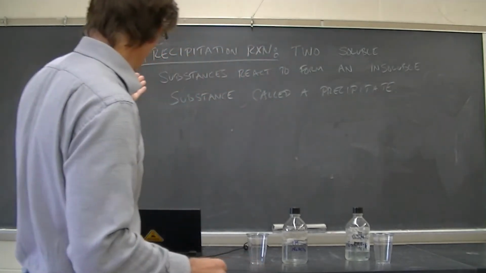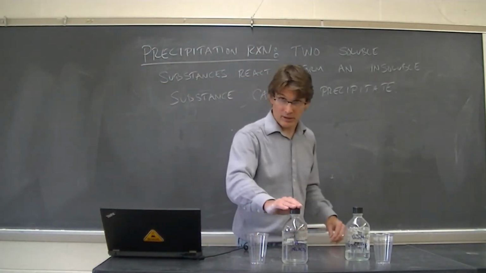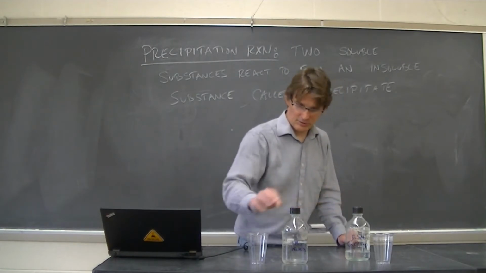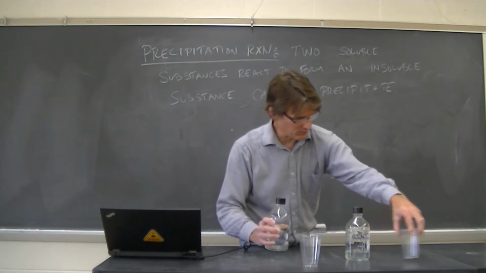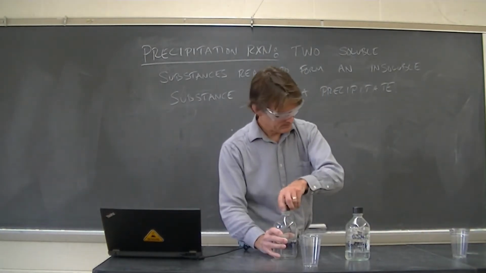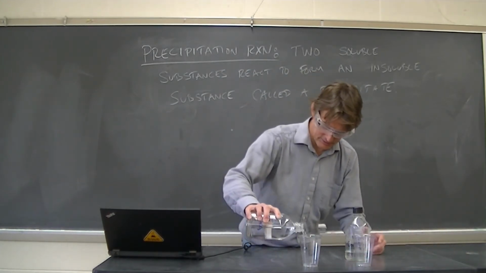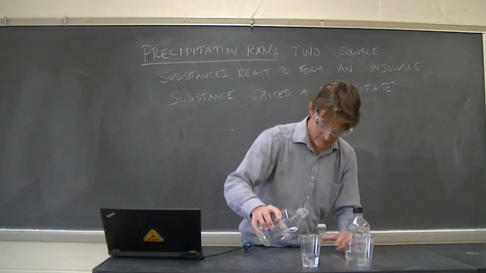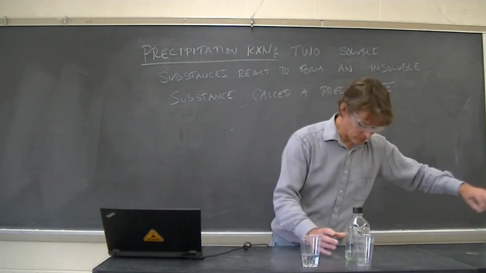So I have 2 soluble substances. I have some sodium bicarbonate, and I have some calcium chloride, and we're going to mix these together. I guess I just need 1 flask. Well, let's pour them together. It's more fun that way. We'll pour this here. That's my sodium bicarbonate.